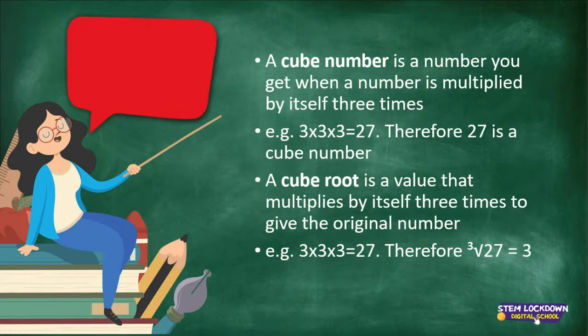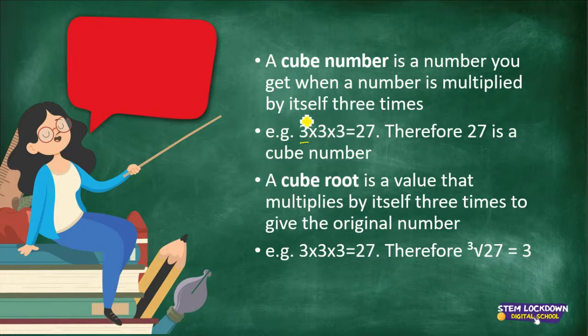Now let's look at cube numbers. This is a number that you get when a number is multiplied by itself twice. If you have 3, you multiply 3 by 3 twice, 3 times 3 times 3.